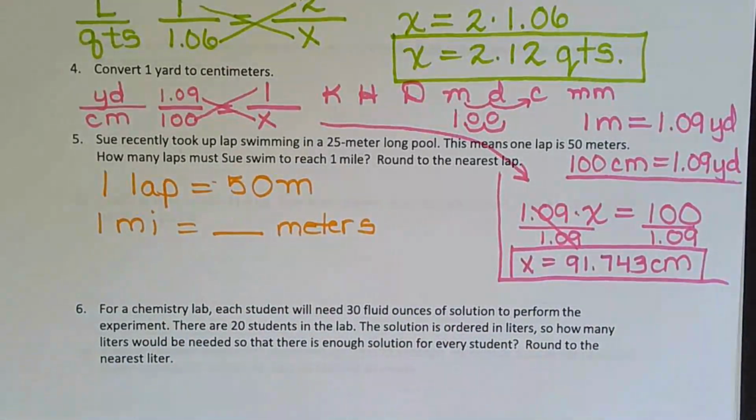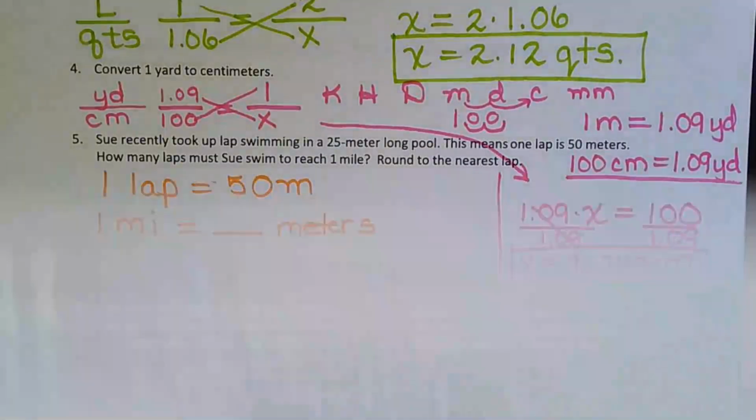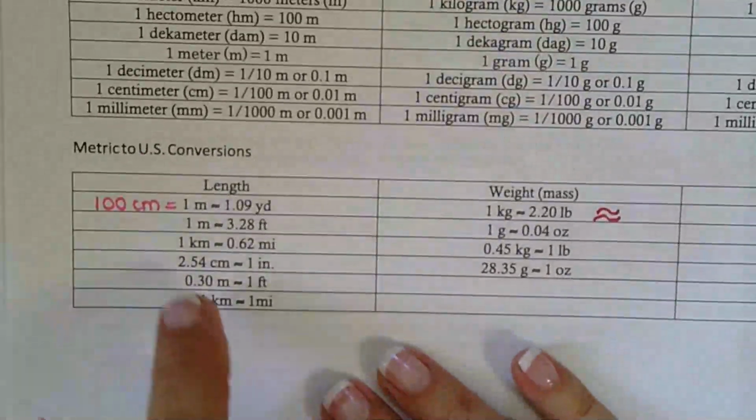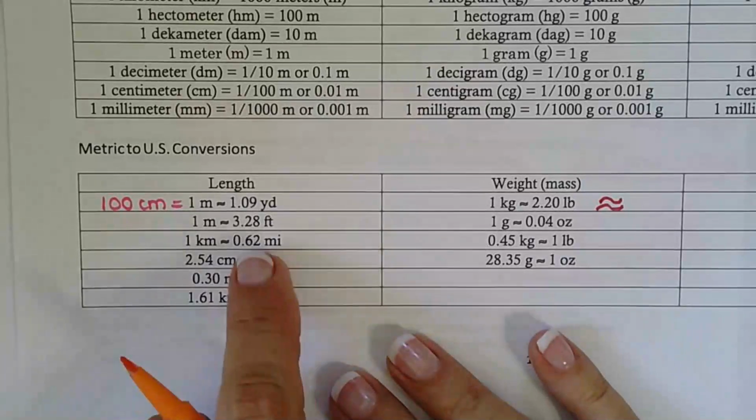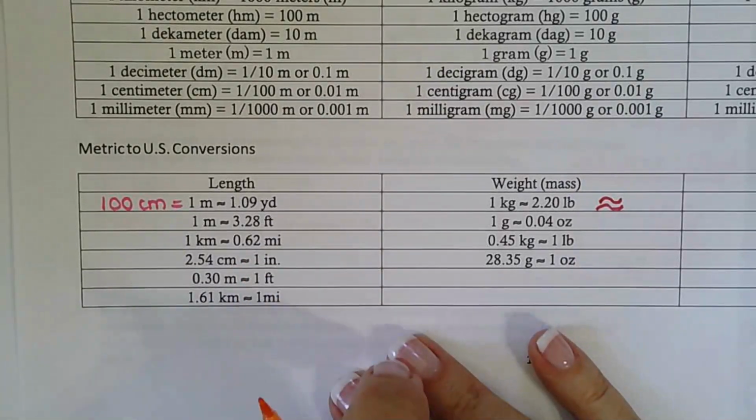Remember how I said our units always have to be the same. And miles and meters are not. So let's look on our formula sheet and see if we have miles and meters. Maybe we'll get lucky. So miles, remember, is MI.